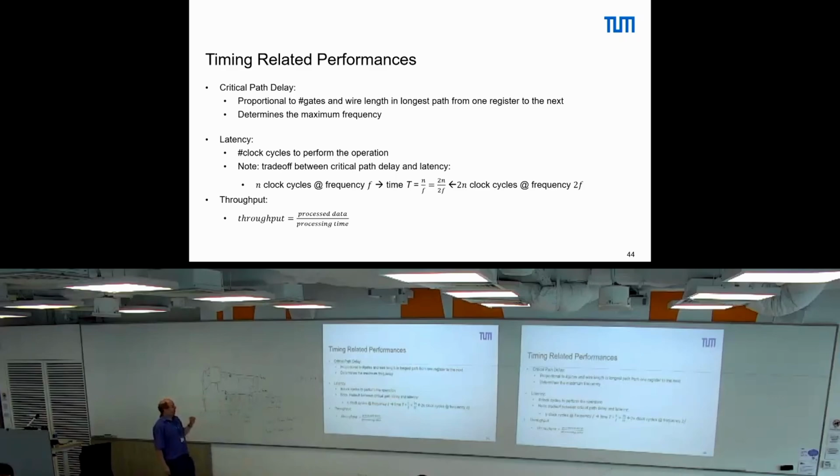Can we reach, with adding these black registers, the same throughput? So we said, okay, we have the frequency, one thing. We have the latency that goes down. So frequency maybe goes up, latency goes down. What does this change mean for our throughput at the end? Can we keep it the same?